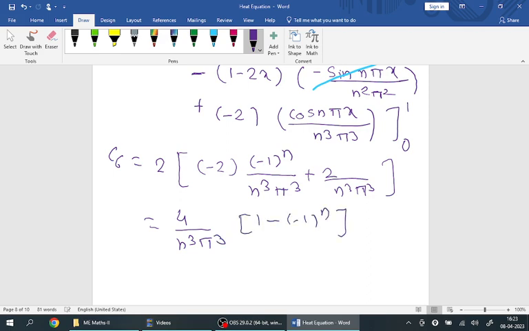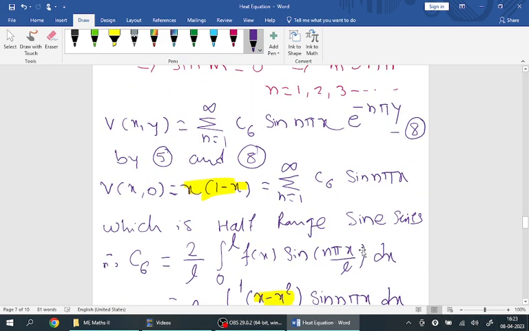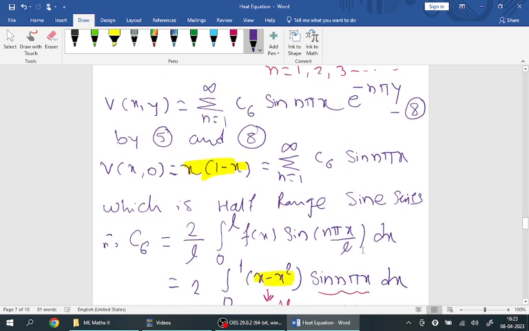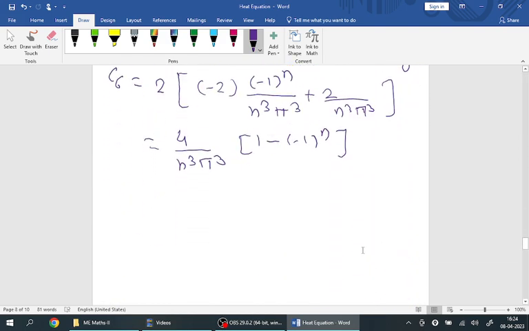So this is the value of C6, which we should replace in equation 8. In equation 8, if we replace it, we get the most general particular solution of the two-dimensional heat flow. So V of x y, last step.